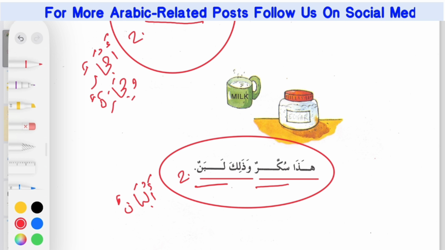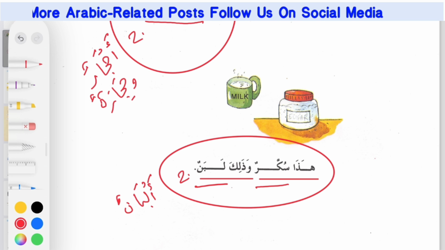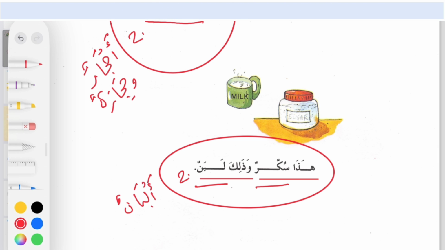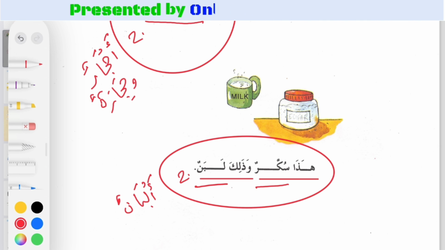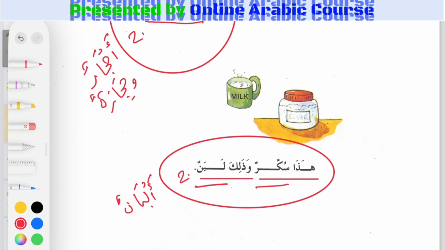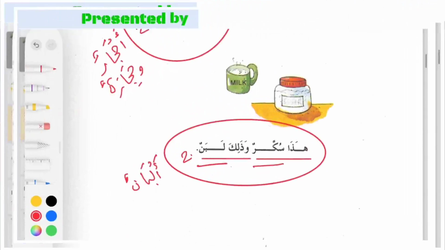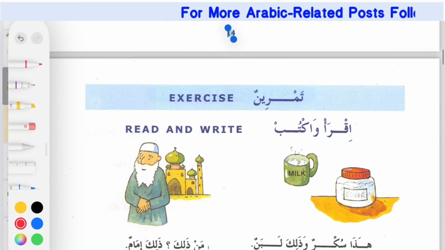We cannot count the sugar, the milk, water, rice, salt. For such words in Arabic we can use tanween, but in English we cannot translate using a or an. Simply we translate without a or an. Like in this one we say hadha sukkarun, this is sugar. We don't say this is a sugar. Hope you got it.